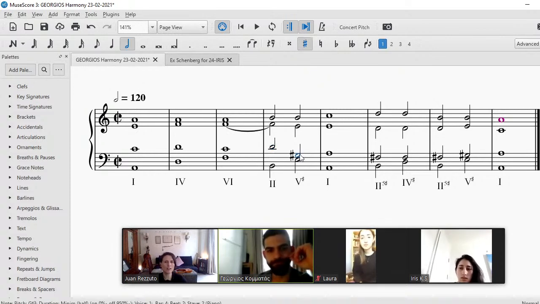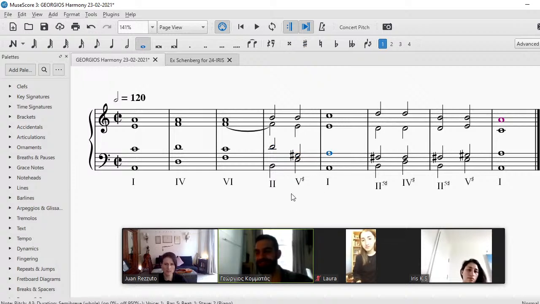If you have an interval which is dissonant, it doesn't matter if it's augmented or diminished. But then you resolve one semitone up, yes, you can do it. In counterpoint, we're not allowed to do that. You're right. Today we are allowed to do that. In harmony, you were allowed to do it. You're right. In counterpoint, for now, no.